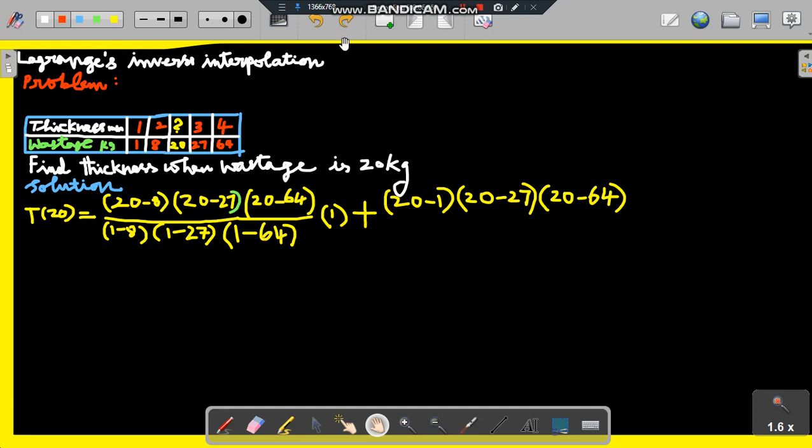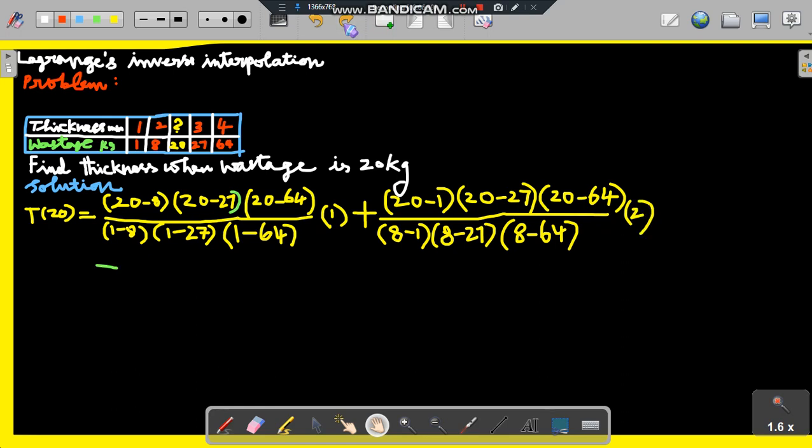Multiply this by the x value, x2, which is 2.